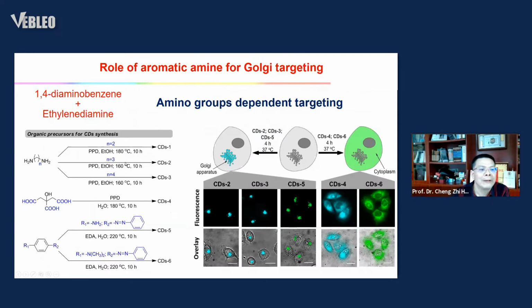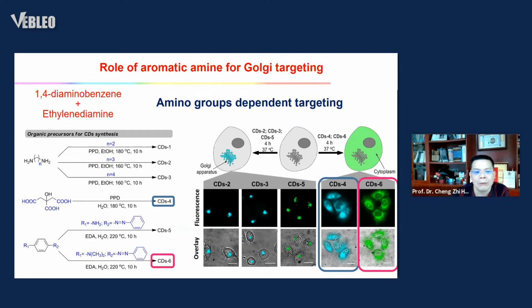In order to identify the roles of amino groups, we prepared different types of carbon dots by using different substrates of amino or aminoadenine precursors. By changing these substrates, we obtained carbon dots 1, 2, 3, 5, 4, 6. As you can see, the carbon dots 4 and 5 and 6, which were prepared with the precursors without the amino groups, cannot target to the Golgi.